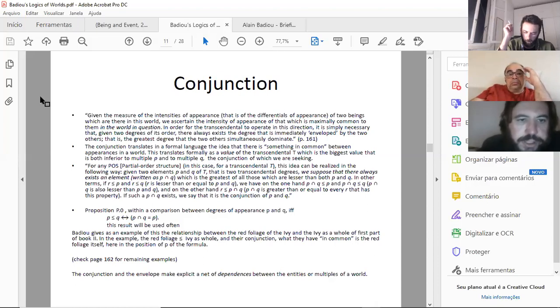The conjunction translates in a formal language the idea that there is something common between appearances in a world. This translates formally as the value of the transcendental T which is the biggest value that is both inferior to multiple P and to multiple Q, the conjunction of which we are seeking.